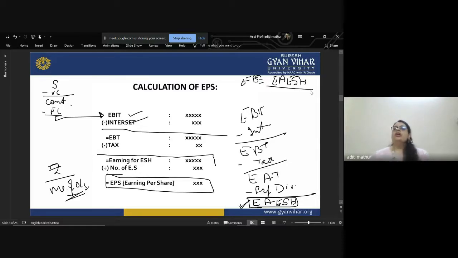Till this point you have paid all the interest, you have satisfied the government by paying the tax, you have given the committed dividend to the preference shareholders, and now the entire amount is for the equity people, the real owners of the company.